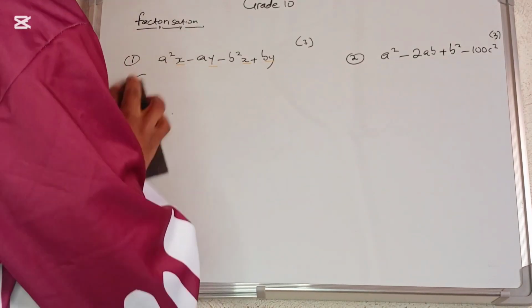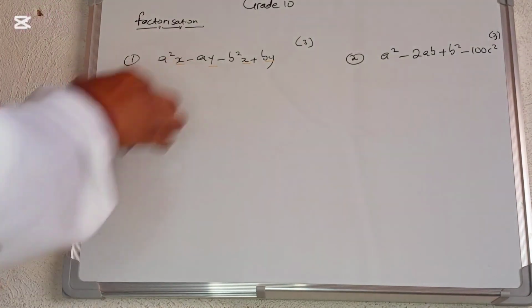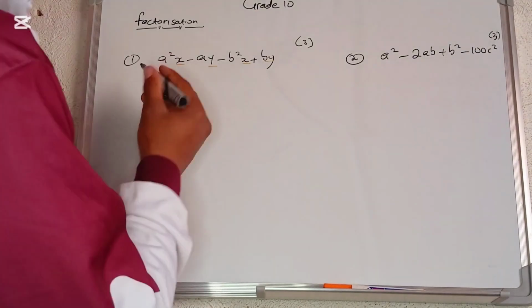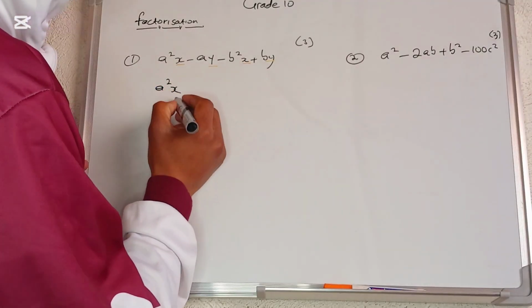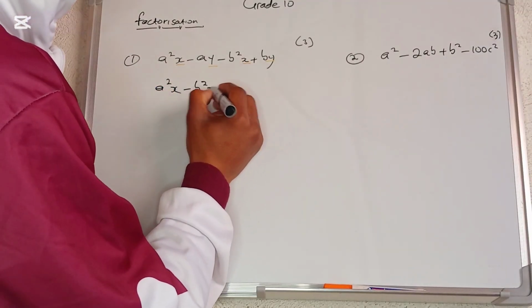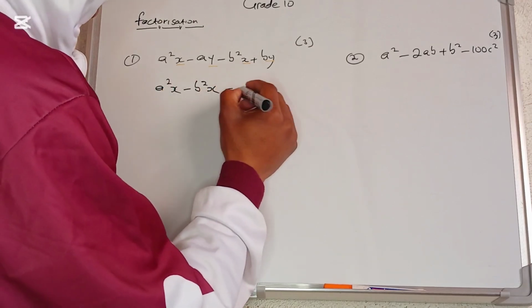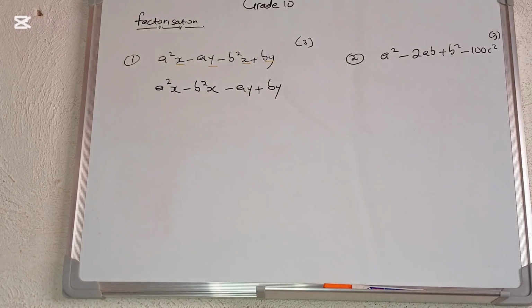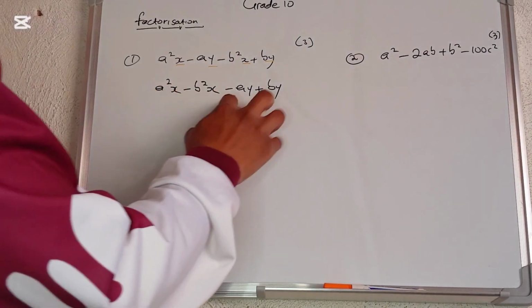But if we choose to put this equation in a solvable manner, we're going to have what? a squared x minus b squared x. Yeah? Then we're going to have negative ay plus by. You see now, you can solve it. You have a, you have b, you have a, you have b.